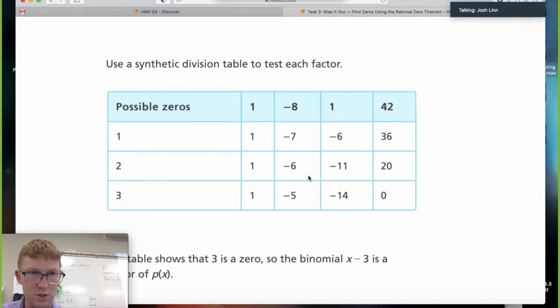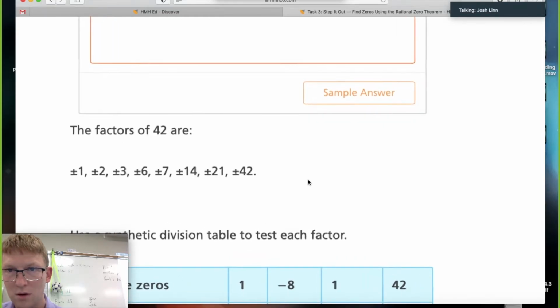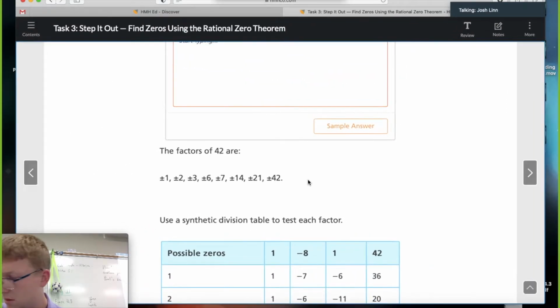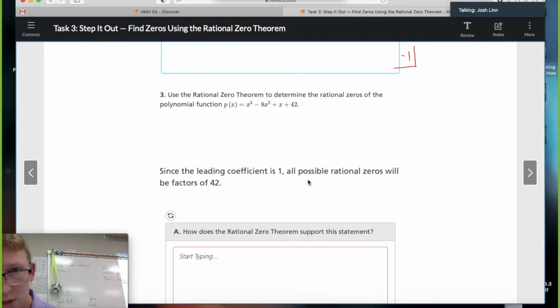So if we start with just 1, 2, and 3, let me find some white space here. Oh, close enough. So start with 1. I need our function again. So our coefficients are going to be 1, negative 8, 1, and then 42.